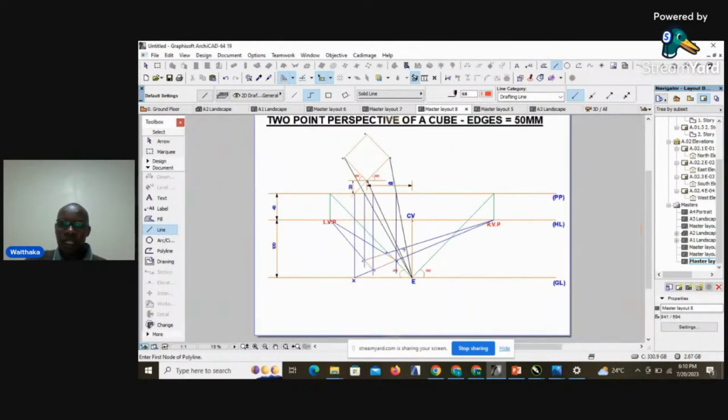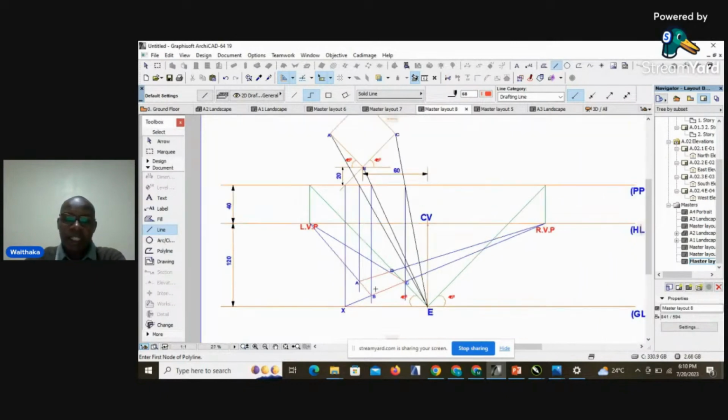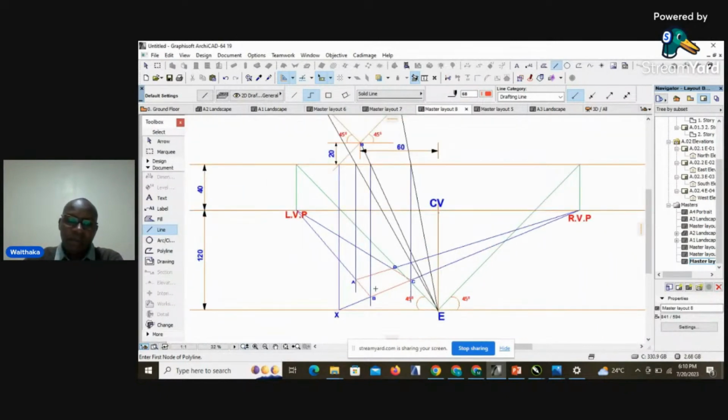Therefore, again, we know we are dealing with a three-dimensional figure, which is a cube, and then therefore it has a height. So we will measure the height of the cube from the line that gave us point X. That will be our height line, the one that we generated first from point B and gave us point X. That will be our height line, and that's where we will measure the height of the cube.